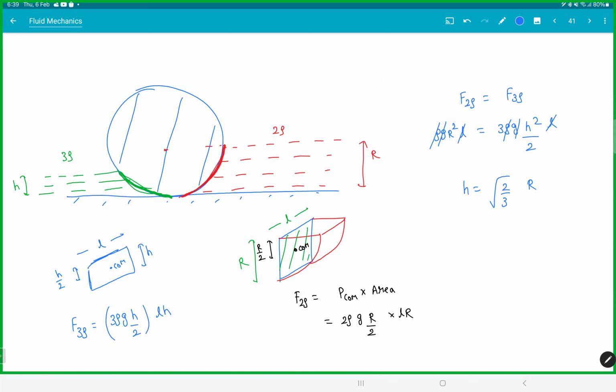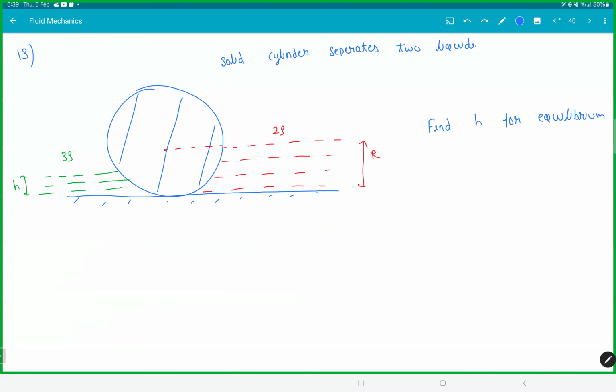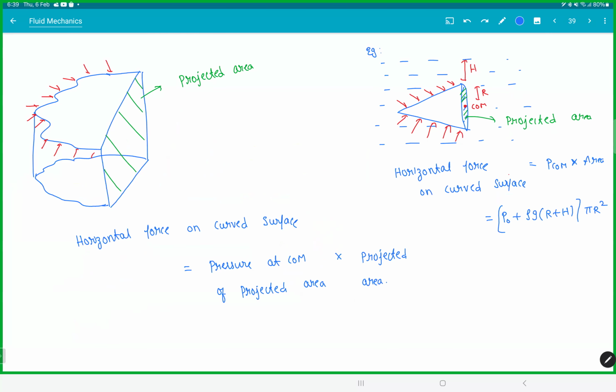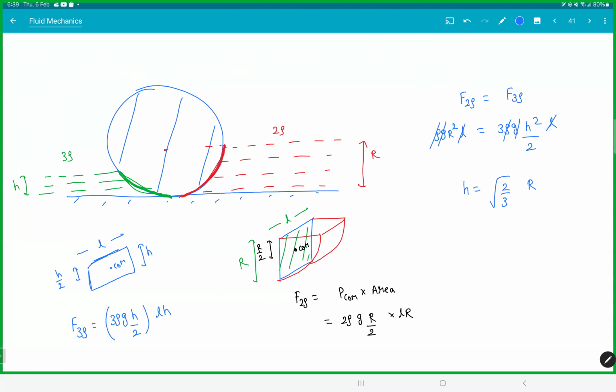It might look easy that we solved, but because you know the result, it looks easy. So when you get a curve like that, you can just drop a projection. In this case, you'll get a rectangle and then find the force on a rectangle. That is easy and finish it off.